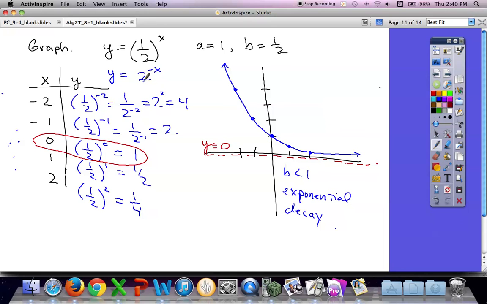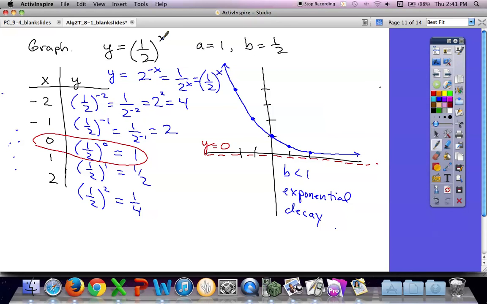If that's a 2 here, then it's 1/2 to the positive x, which is 1/2 to the x, which is the same thing as that. So it's the same thing. Saying 2 to the negative x or 1/2 to the positive x is the same thing, because the negative just flips the fraction anyway. Both of those are exponential decay.